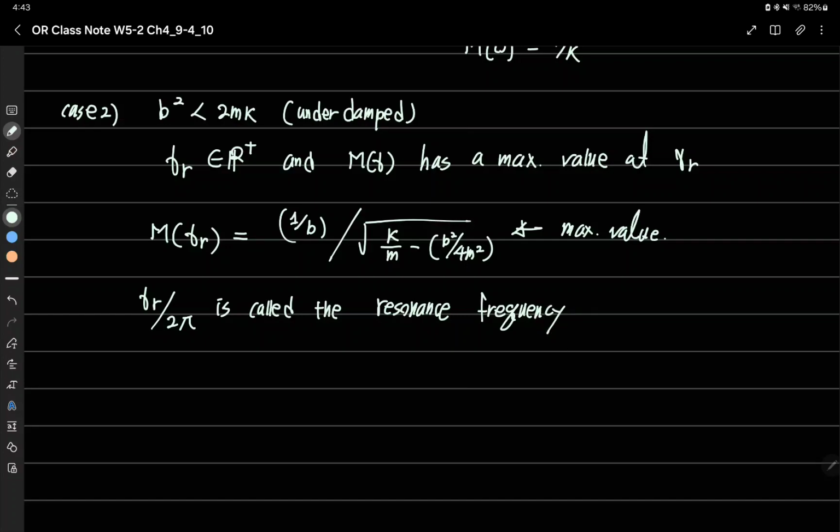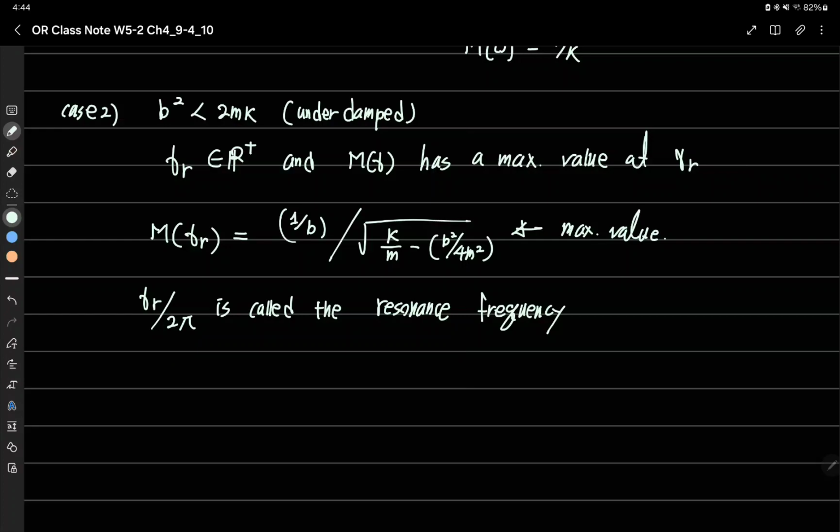When the system is stimulated by an external force at this frequency, it is said to be at resonance. So it means that the system will have resonance when the angular frequency of the external force has this value, gamma sub r over 2 pi.